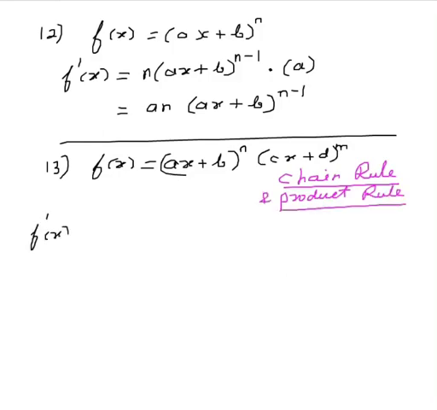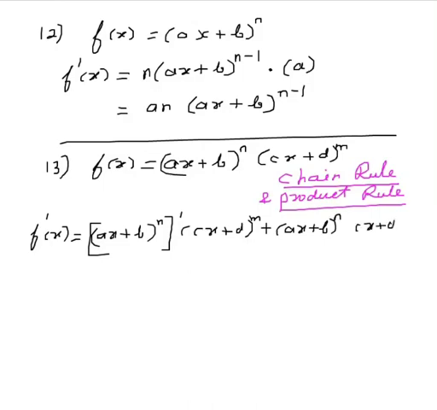Therefore f dash of x is equal to ax plus b whole power n dash, this is the u dash term, into v, plus u into v dash, so cx plus d whole raised to m dash.